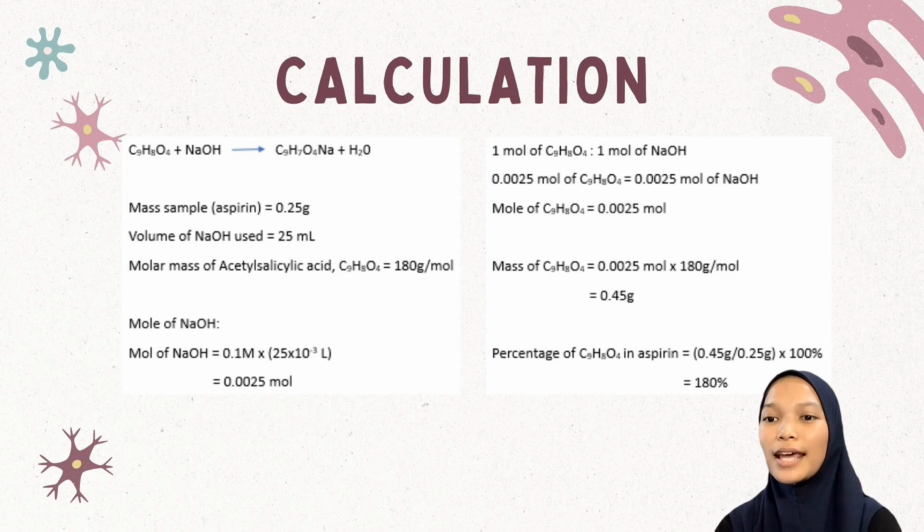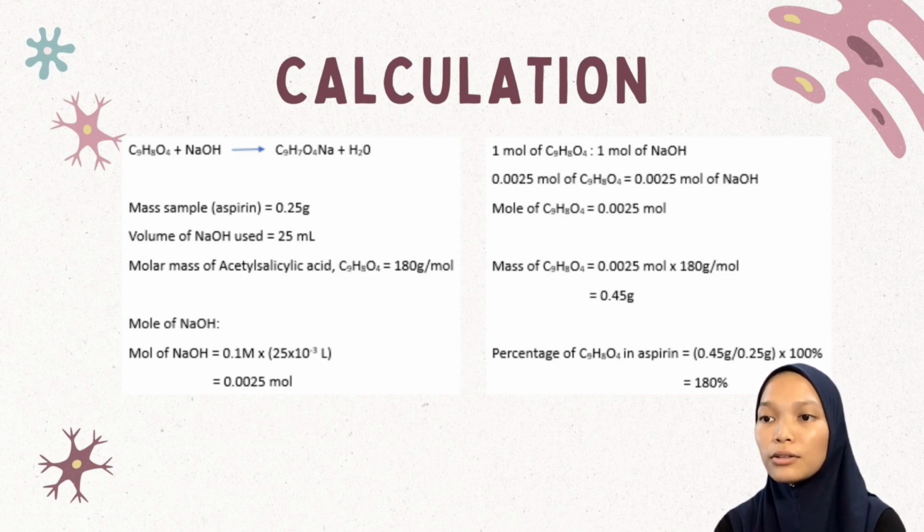Next is the percentage of acetyl salicylic acid in aspirin. So the mass of acetyl salicylic acid is 0.45 gram divided by 0.25 gram, which is the mass of the sample, and we multiply by 100% to get the percentage, and the percentage is 180%.